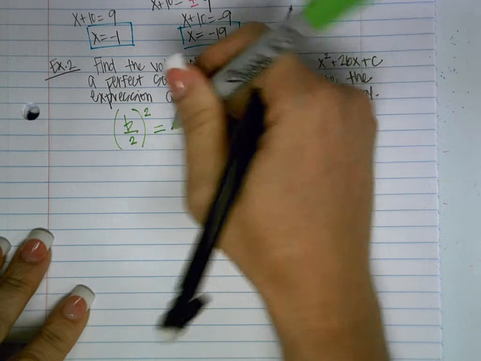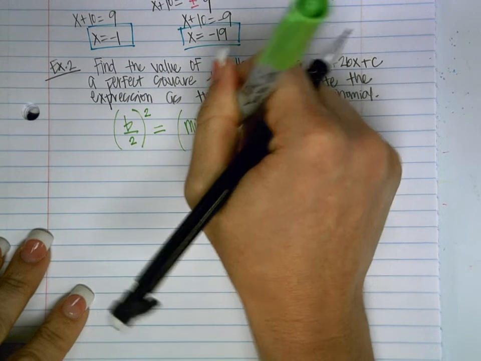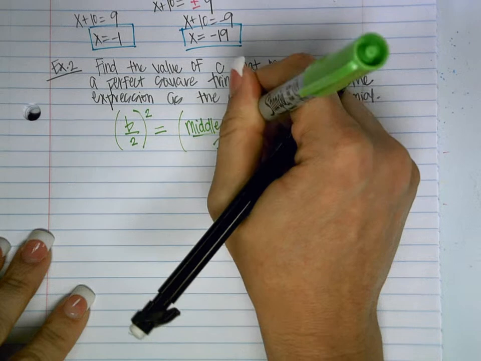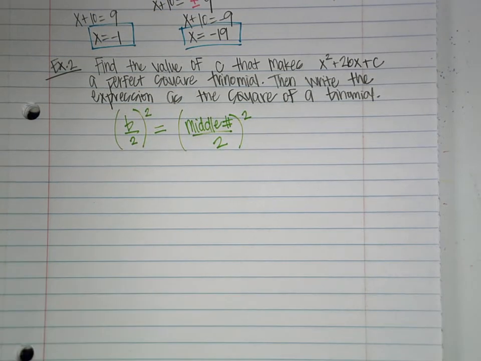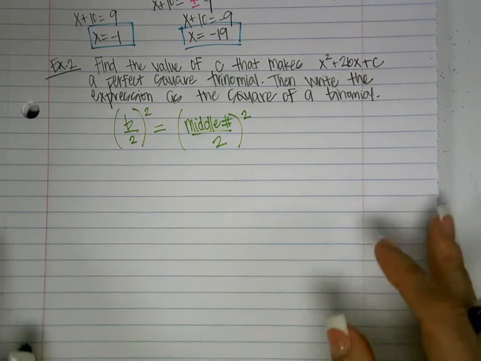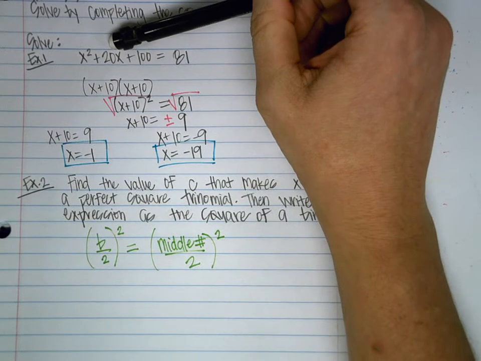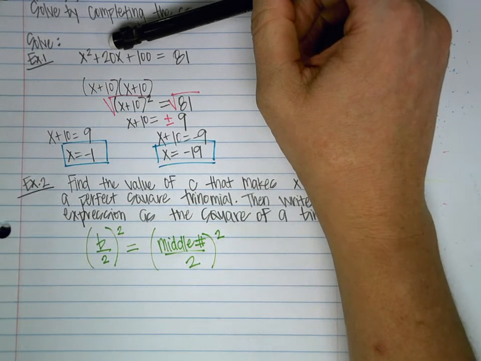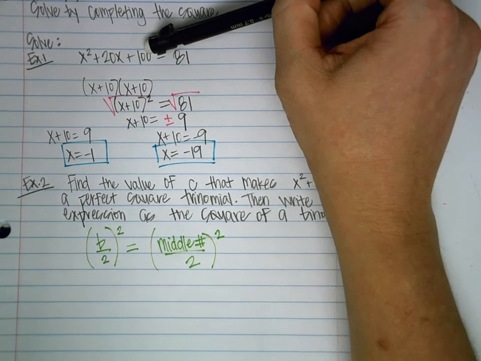So this could also be written as middle number divided by 2 quantity squared. So to make a perfect square trinomial, we always take the middle number divided by 2 and square it. So up here, if the middle number was 20, if I divided it by 2, that would be 10. 10 squared is 100. So that makes a perfect square trinomial.